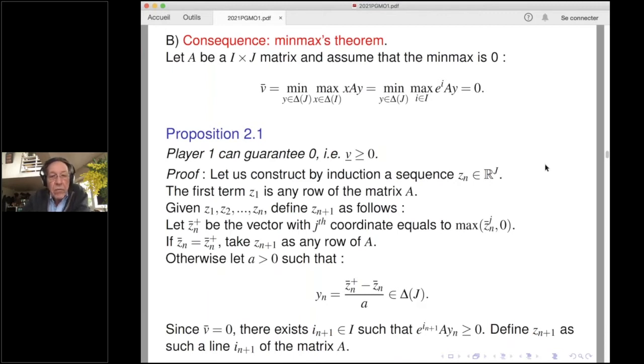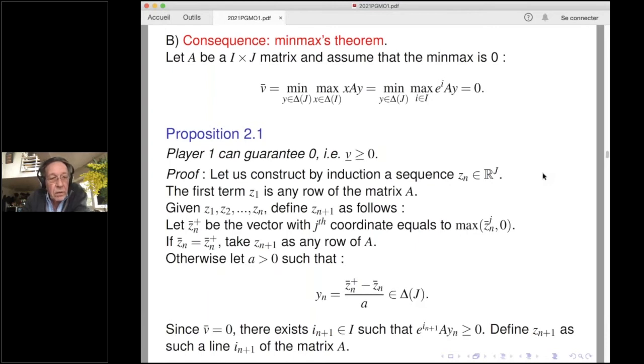Player 2 can force player 1 not to get more than 0. And to prove the min-max theorem, it's enough to show that V lower bar is greater than or equal to 0. If player 2 cannot prevent player 1 from getting 0, and this is the best he can do, then player 1 can get 0. And we'll construct by induction an optimal strategy.